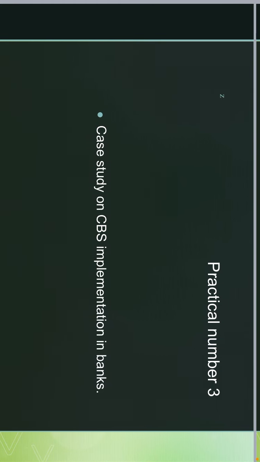Practical number 3 is based on the case study of the central banking system. In the 3rd unit we had studied IT in banking. In that we had studied the areas of IT applications in banking, why information technology is used in banking. There are a number of reasons why banks use information technology.